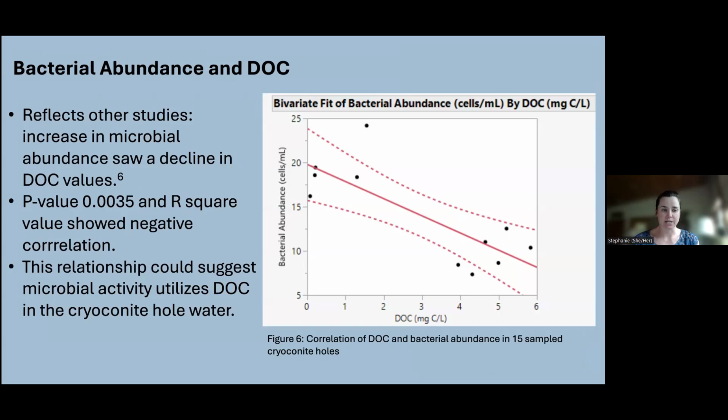This reflected other studies that showed an increase in microbial abundance with a decline in DOC values. My p-value was 0.0035, and I had an R-square that showed a negative correlation. This could suggest microbial activity is using the DOC within the water columns.